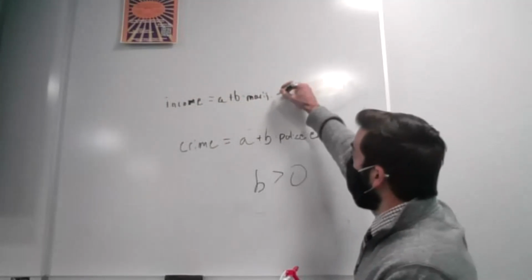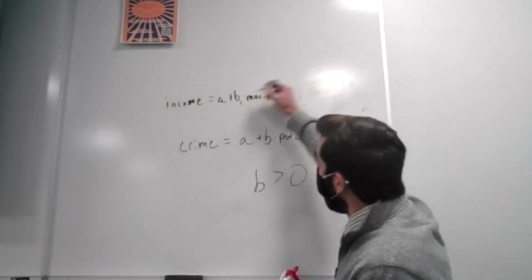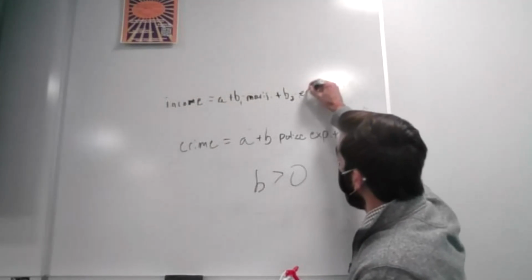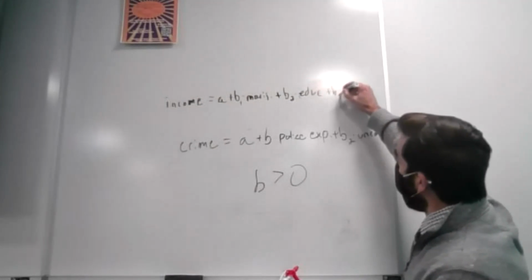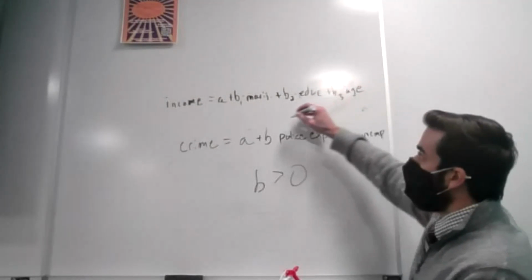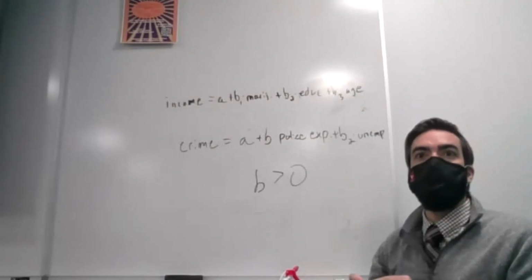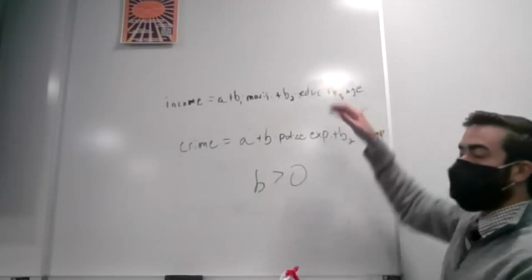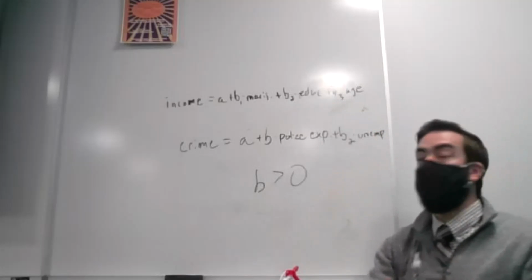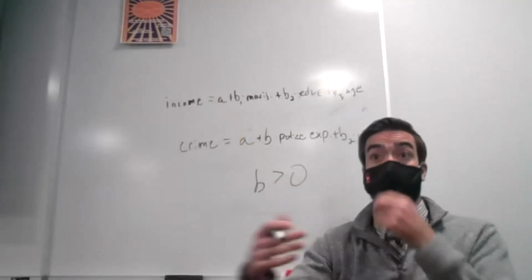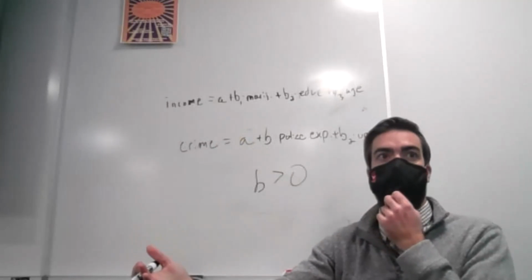But if I start adding in things like education, and maybe age, and maybe region of the country, well, now I have more information about this individual. It's likely that I'm going to be able to come up with a more accurate prediction about what their income is going to be, right?